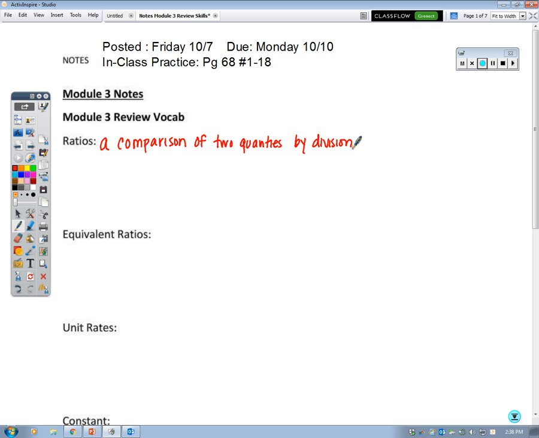So let's say, for example, we are looking at a classroom of students and we want to make a ratio comparing the number of female students to the number of total students. And let's say, for example, that there is 12 female students and 25 students total.